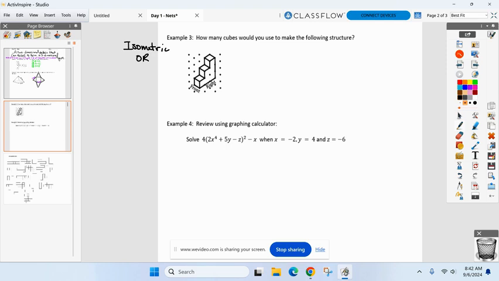Or anybody know the other one? Begins with an O. Is it orthographic? Orthographic. Good job. Good. Orthographic drawing.